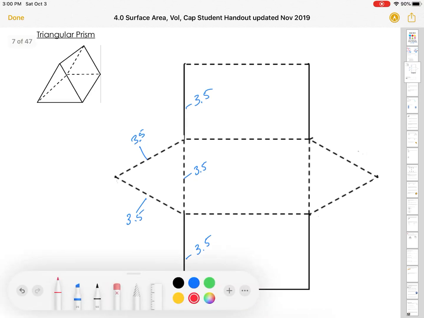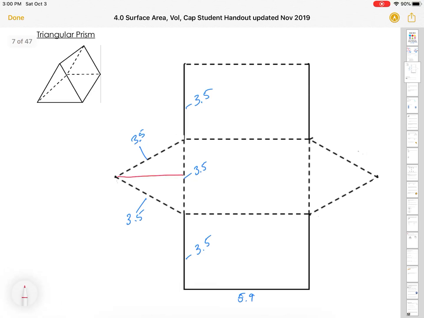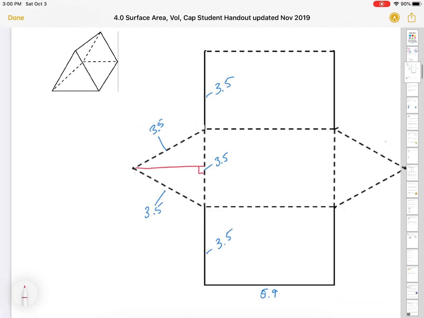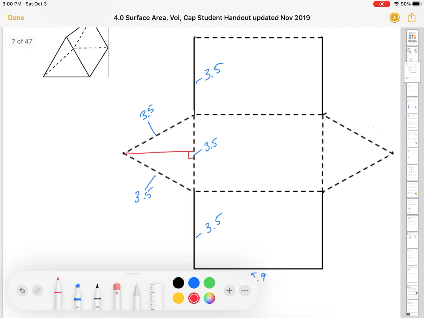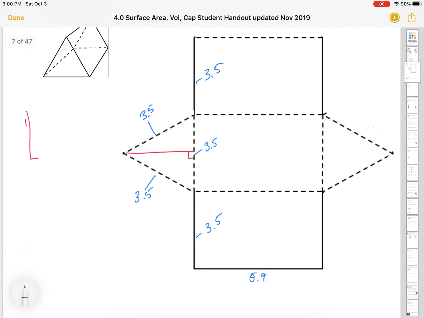And for our triangle, however, we need to figure out the height. So we can use our Pythagorean theorem to figure out our height. If we take this little piece of a triangle, so this is 3.5.